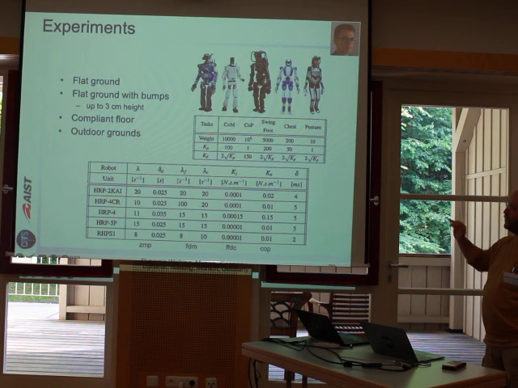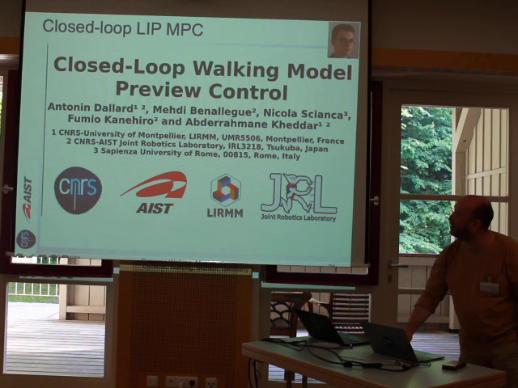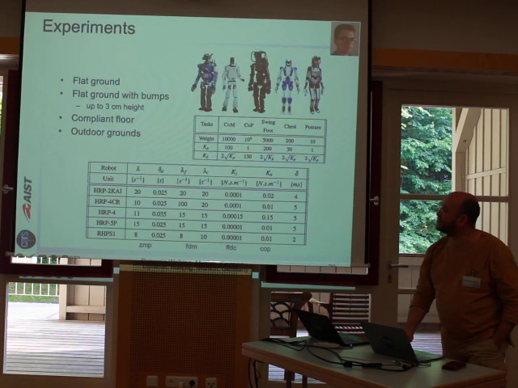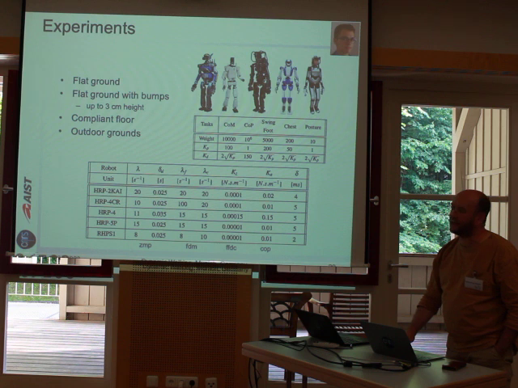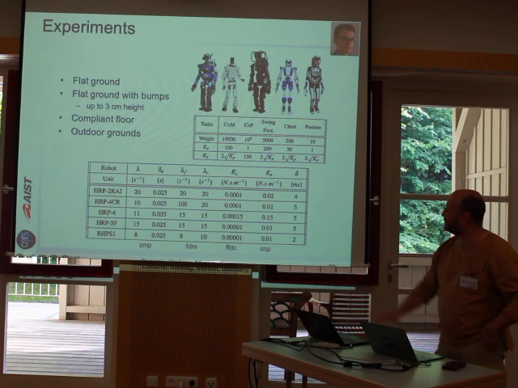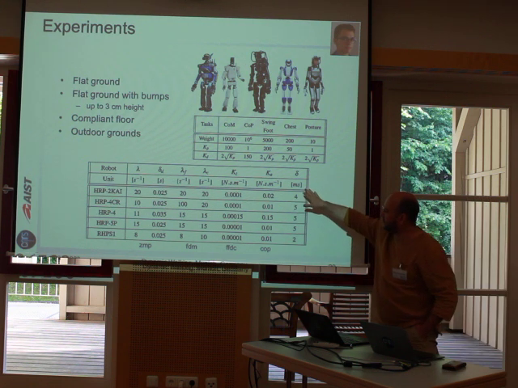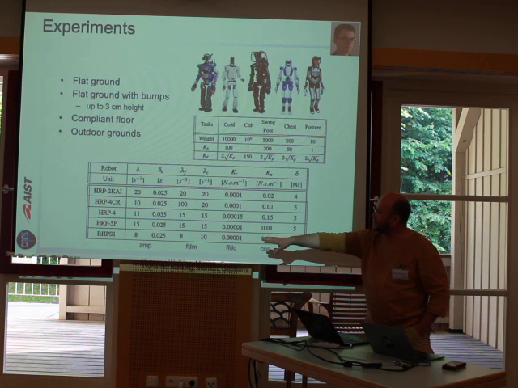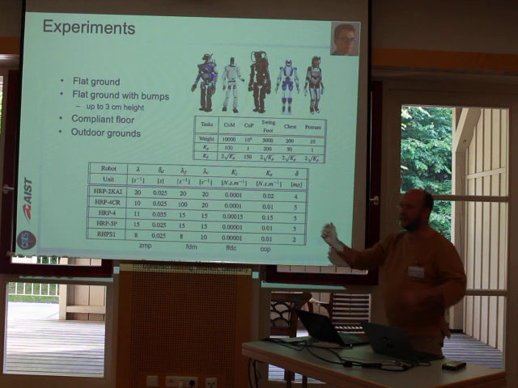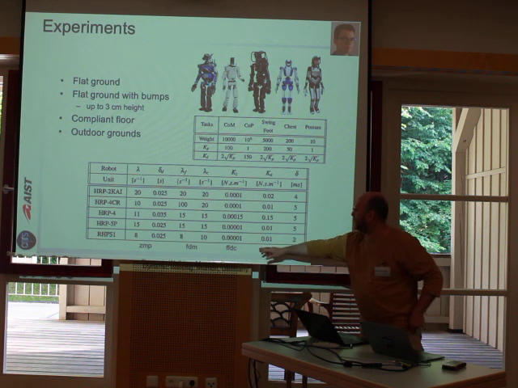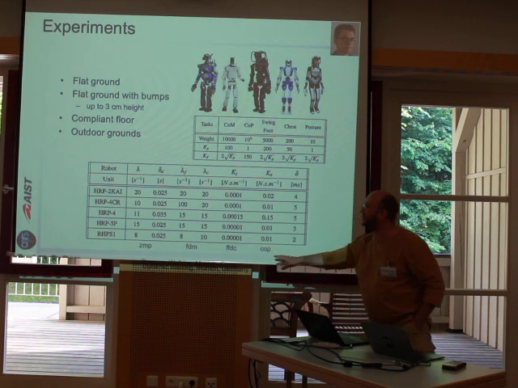On flat ground, with banks, compliant floors and outdoors. And these are the only parameters that you need to tune: the ZMP first order model, the first order model, and the FFDC, the force distribution gain of the two legs, and also the COP gain.